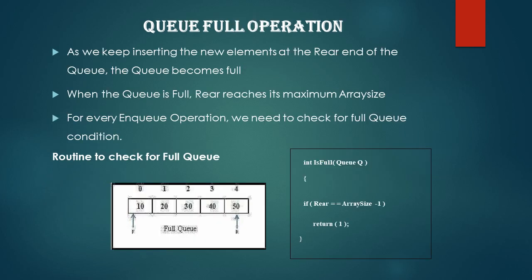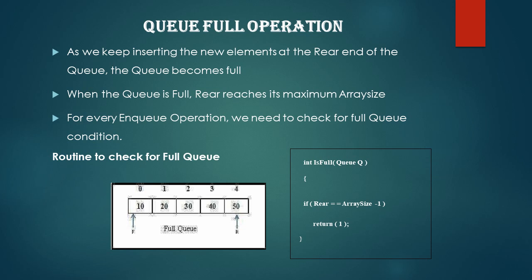Queue full operation. As we keep inserting new elements at the rear end, the queue becomes full. When the queue is full, rear reaches its maximum array size and no insertion will happen. For every NQ operation, we need to check for the full queue condition.